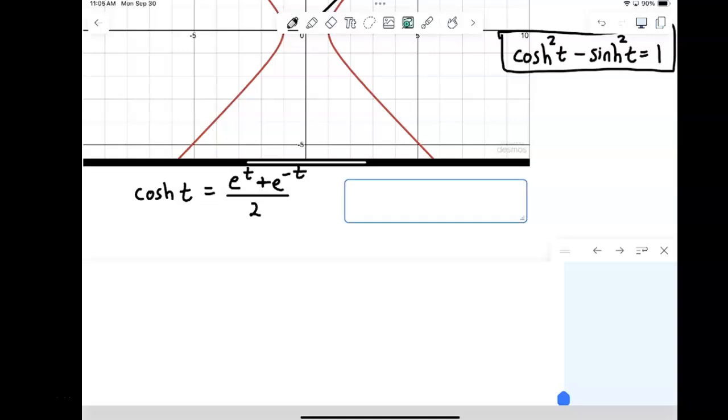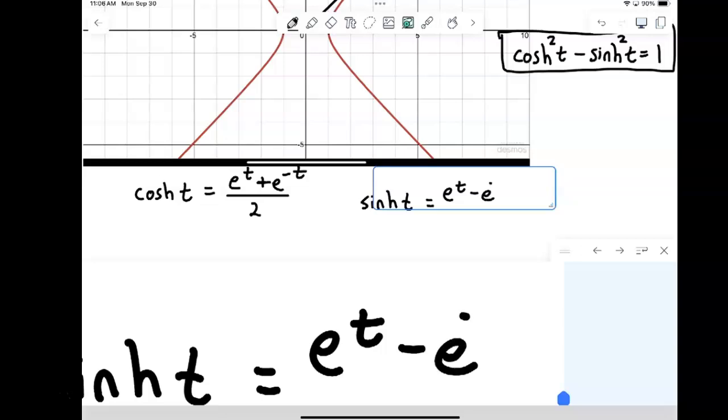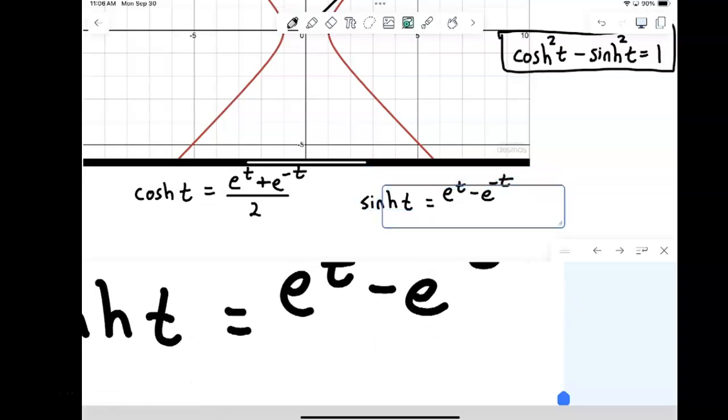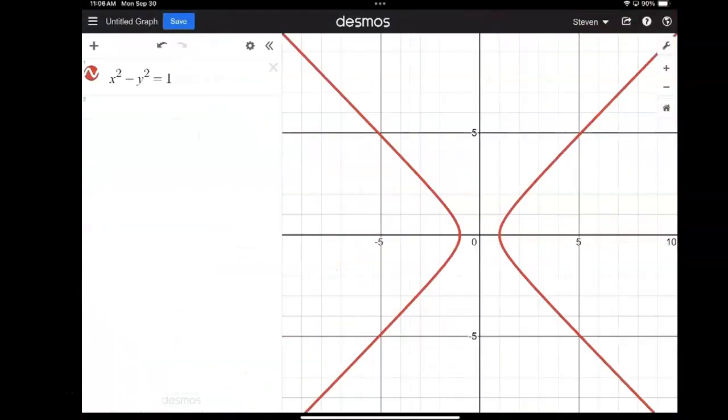And the hyperbolic sine of t is e to the t minus e to the minus t all over 2. And if you resort to looking at their graphs, you can graph those on Desmos.